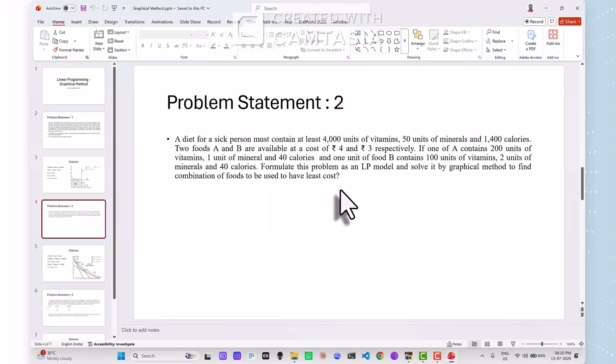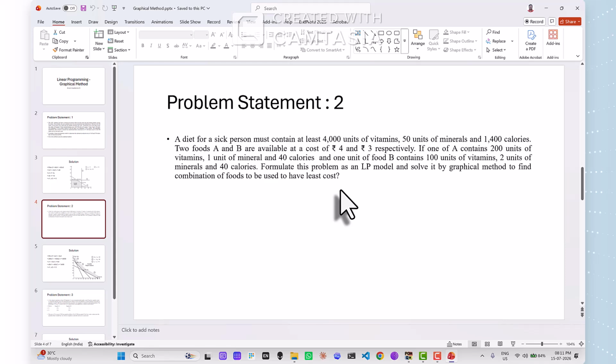Next problem is a diet for a 6-person must contain at least 4000 units of vitamins, 50 units of minerals, and 1400 calories. Two foods A and B are available at a cost of rupees 4 and 3 respectively.